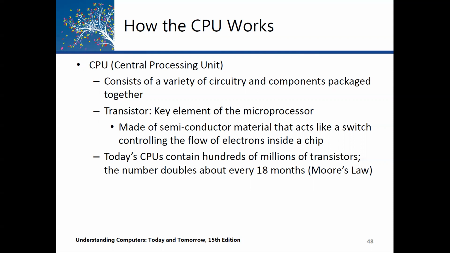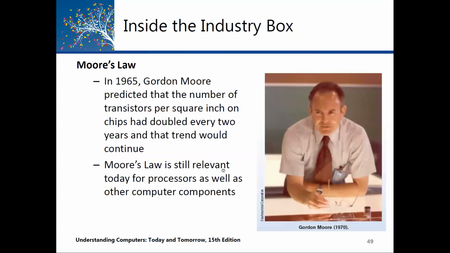So basically, what is Moore's law? Moore was a scientist who in 1965 gave a law. Moore predicted that the number of transistors per square inch on a chip would double every 2 years, and that the trend would continue. Moore's law is still relevant today for processors as well as other computer components, right?